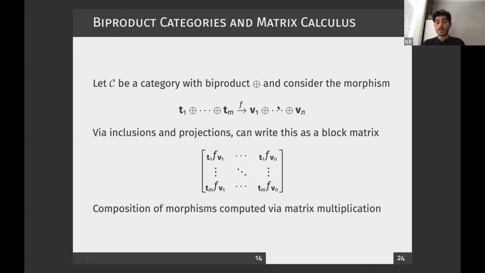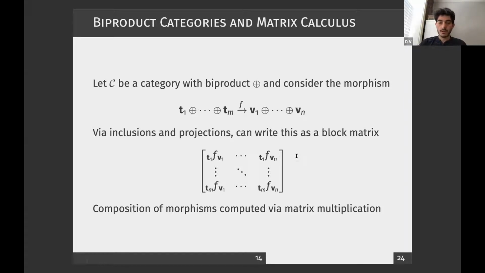In so doing, we can literally extract an entire block matrix whose components correspond to how each pair in the domain and codomain interact in this morphism. Furthermore, composition of morphisms is literally computed with matrix multiplication, the same matrix multiplication that you saw in linear algebra. That one is indeed a special case of this picture because the category of vector spaces is a biproduct category. So why are we doing this?